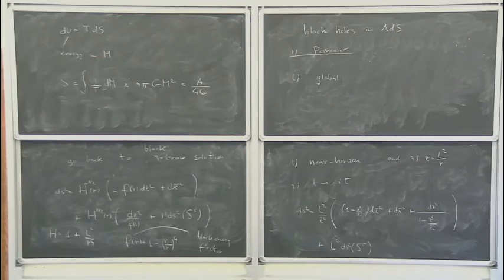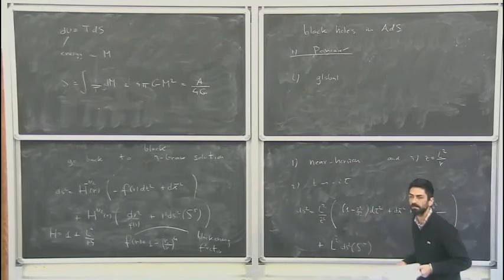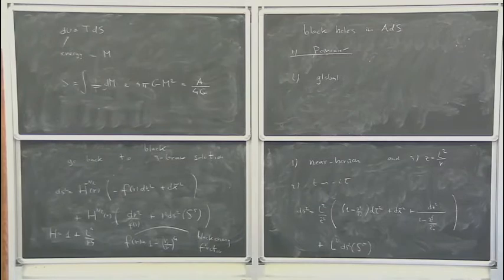So the claim is that this is a deformation of AdS, and it is a solution of supergravity. The other true claim is that this deformation breaks supersymmetry completely. I cannot prove this to you here, but it's true.